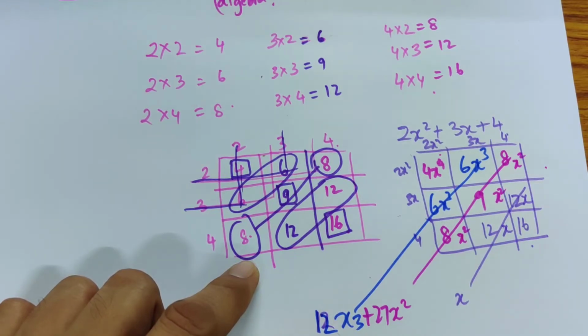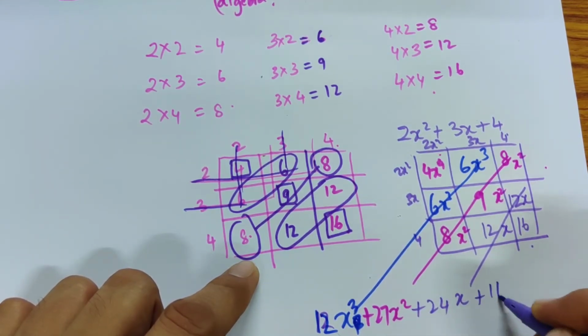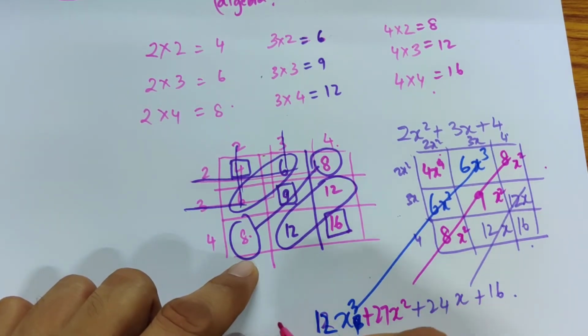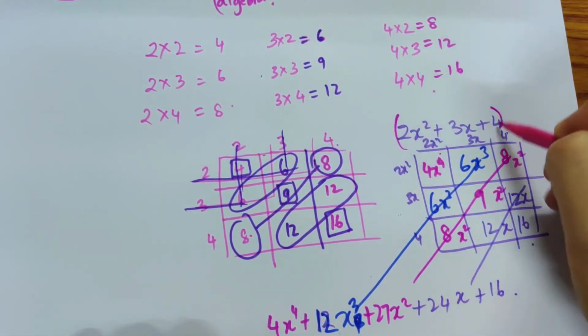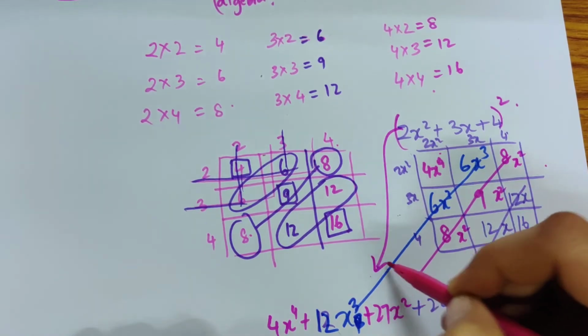That's 27, that's an x cube. X square, right? And 12 plus 12, 24x plus 16 and 4 times x power 4. So this is the result you get when you square this expression. This expression squared is this result.